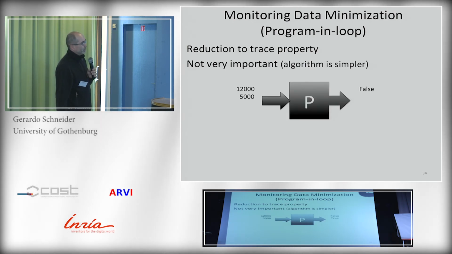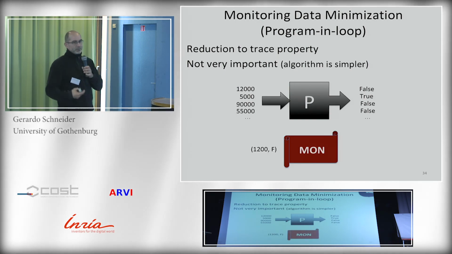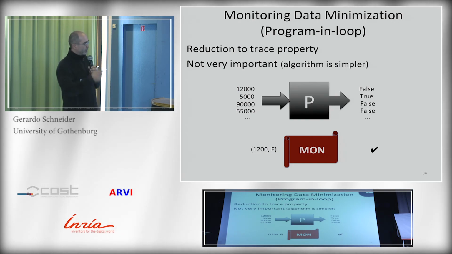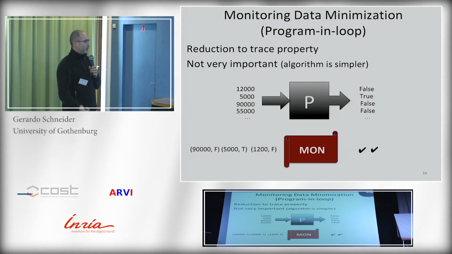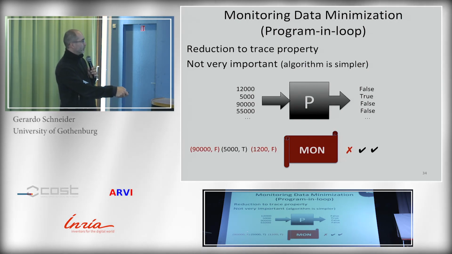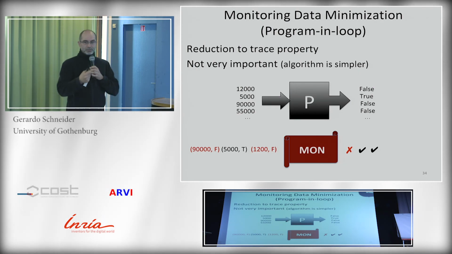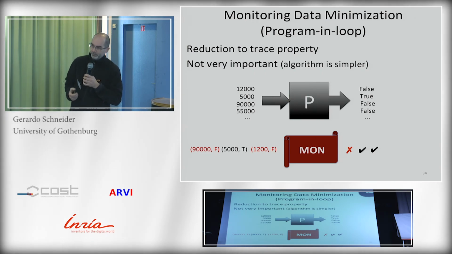When you have this program, the monitor sees a stream. It will see the pair input-output and say OK. It will see the next pair and say OK. And then it sees this one, and it will fail, because I have observed two elements in the trace with the same output for different inputs.